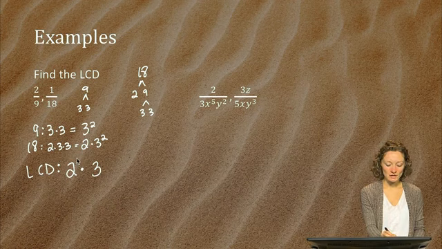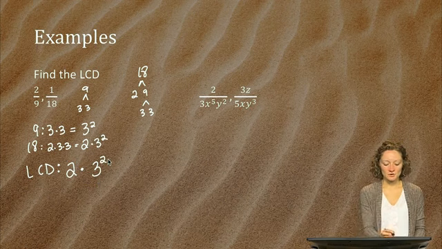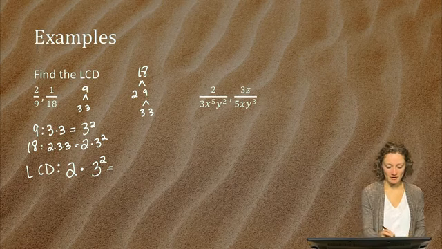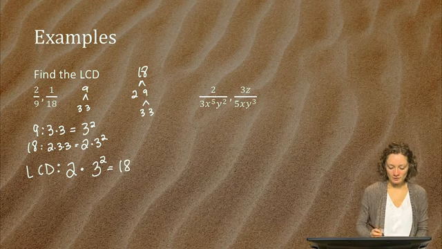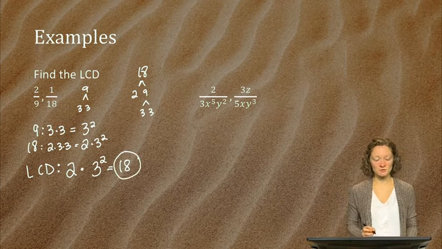So the 2 is only ever raised to the first power. The 3, the highest power we see, is a 2. So the least common denominator is 2 times 3 squared. And since it's all numbers, we can put them back together, and we know that that will multiply and give us 18. So the least common denominator for these two fractions is 18.